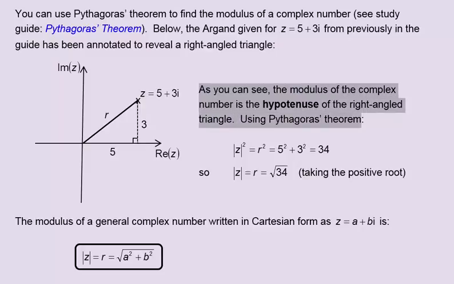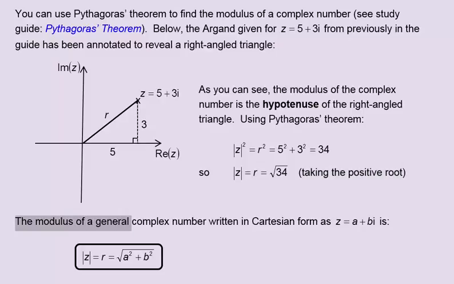Using Pythagoras' theorem, |z| squared equals r squared, which equals 5 squared plus 3 squared, which equals 34. So, the modulus of z equals r, which equals the square root of 34, taking the positive root.